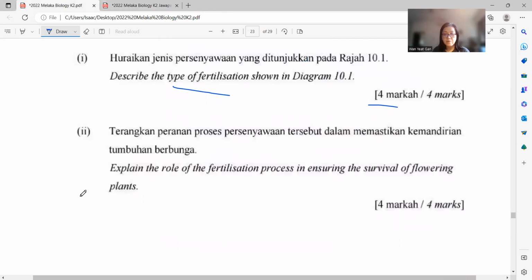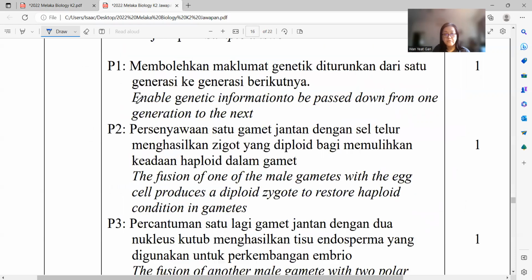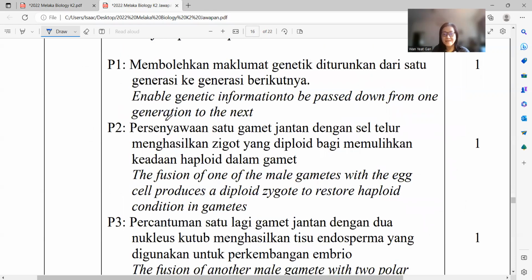Okay, explain the role of fertilization process in ensuring the survival of flowering plants. Okay, so flowering plants enable genetic information to be passed down from one generation to the next because of the double fertilization. So the formation of the zygote as well as the formation of embryo sac and microspore involve meiosis.